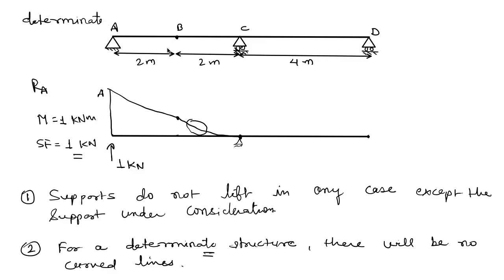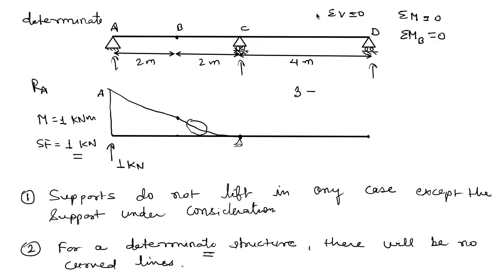Here, if you see, we'll be having these three reactions. So reactions are three, and equilibrium equations: summation of vertical forces equal to 0, summation of moment about any point A, C or D equal to 0, and an additional equation due to this hinge, that is, summation of moment about this hinge, will also be equal to 0.